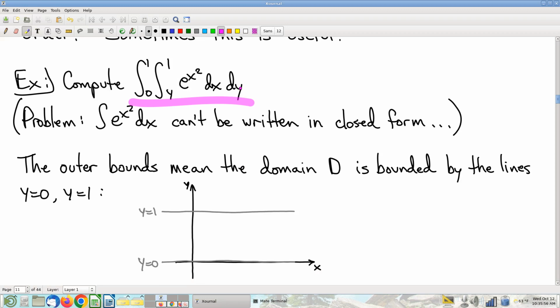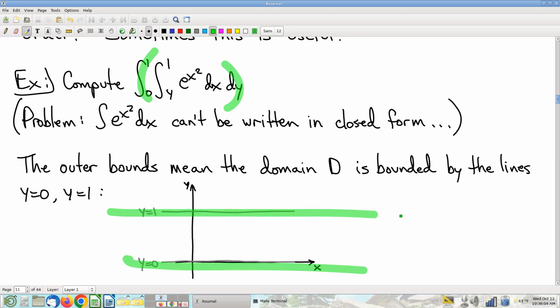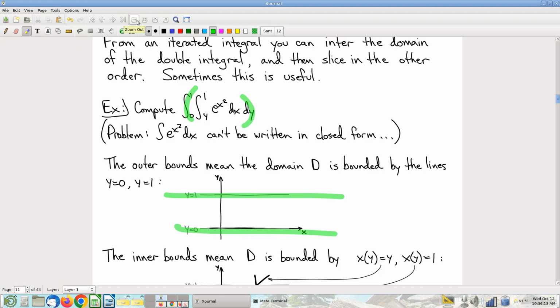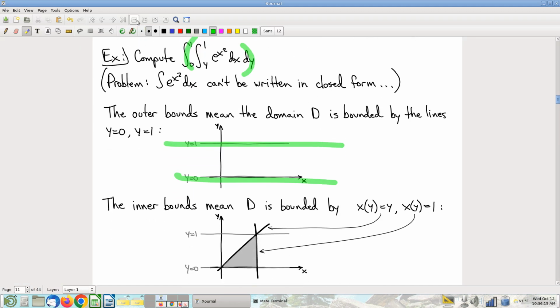Okay, so notice this integral. Y goes from 0 to 1. So these are my first and last y slices in the slicing process. So my domain is in between these two lines there. Then for any given value of y, x equals y is my lower bound for x.